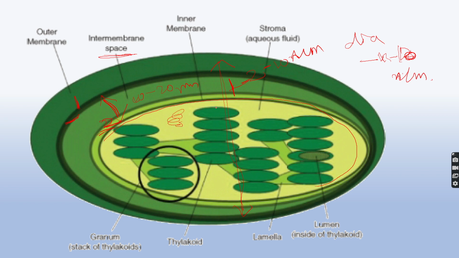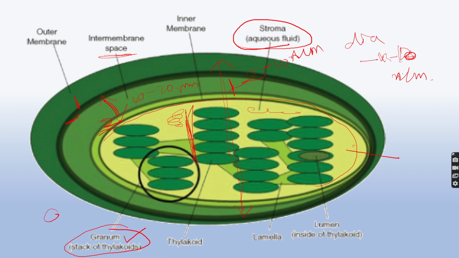Okay, and if we see inside the inner membrane, the liquid existing in the space is called your stroma, aqueous fluid. Okay, and this kind of structure, these piles of coins, are basically the grana. Singular it is granum, and plural it is called grana.